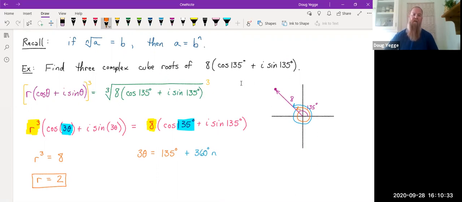Because what we're going to be able to do in order to find this now is divide everything by 3 in order to find theta.